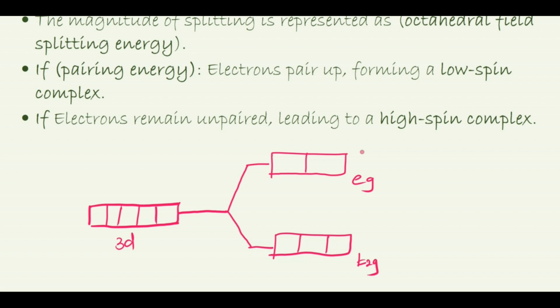So as I told you, for T2g, that is dxy, dyz, dzx.